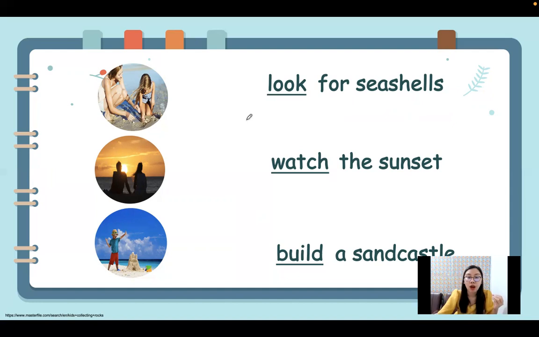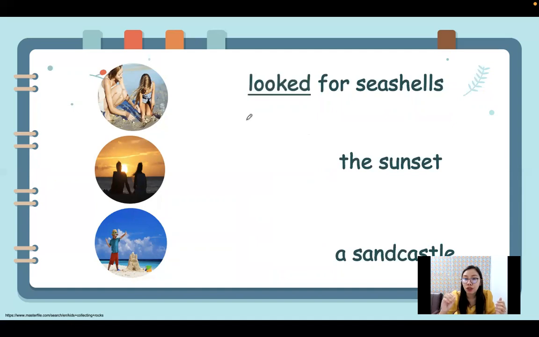According to earlier, Shimai, we need to transform the verbs into their past participle forms. So we have looked for seashells, because looked is a regular verb, so we just add ed. Next is watched, a regular verb, so we add ed or d.